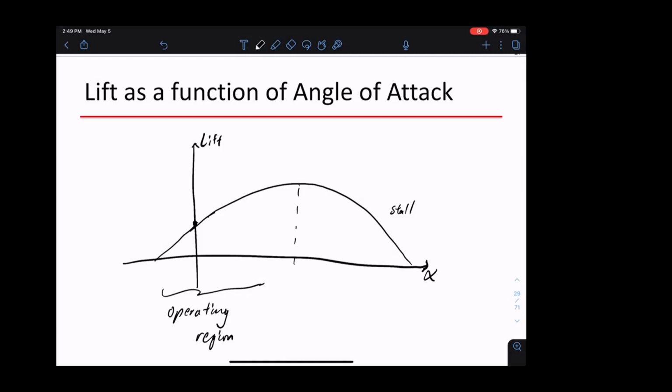Any questions about these? You said that sometimes you don't want too much lift. Why is that? Let's say your wind turbine is disconnected from the grid. Let's say a fault happens on the line connecting the wind turbine to the grid. Then if you have lift, that's torque.